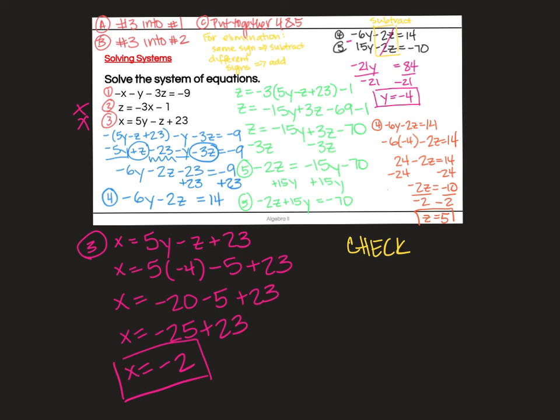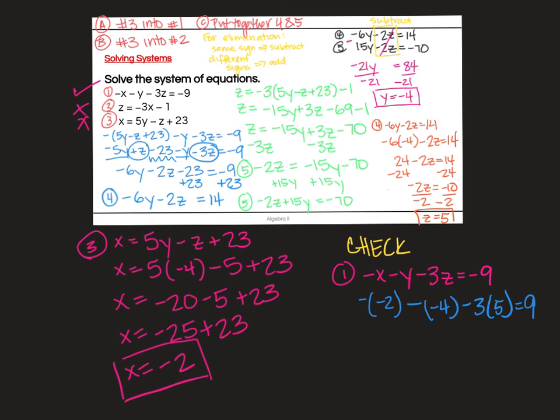So I can't use number 2. So I have to use equation number 1 to check because it has x, y, and z. So I'm going to plug in to this equation. So I have negative x, which would be a negative 2, minus y, which is negative 4, minus 3 times z, which is 5, and I hope that that equals 9.